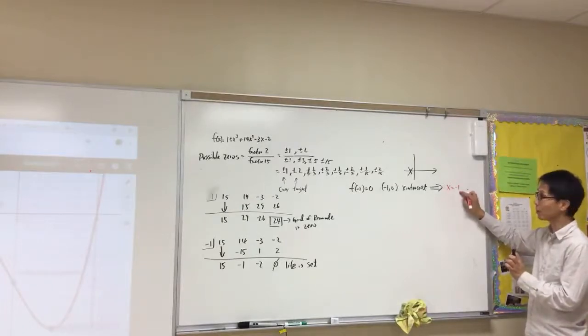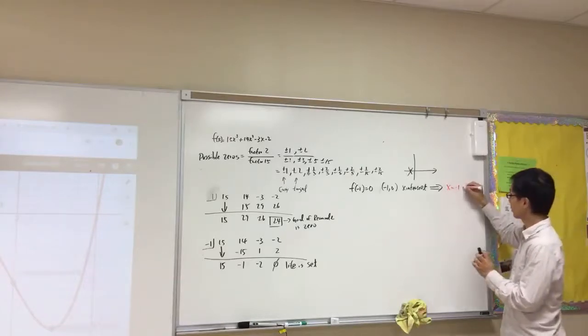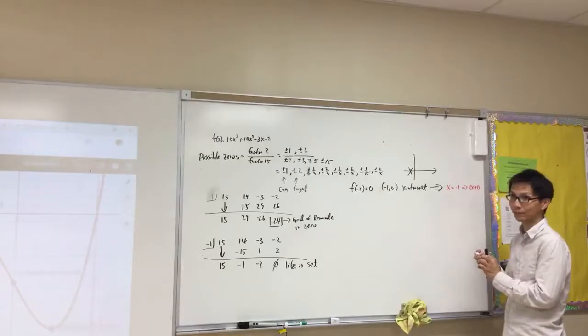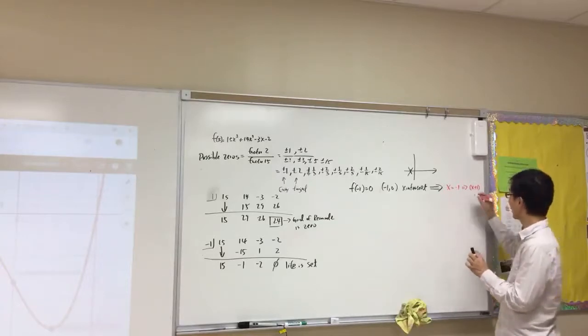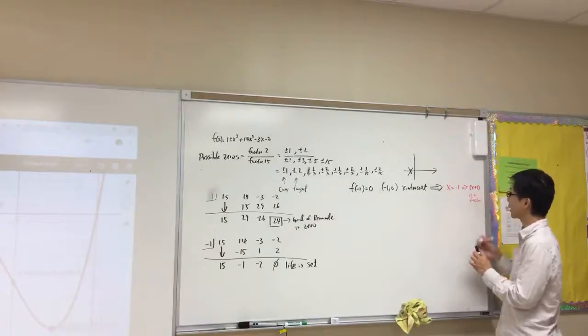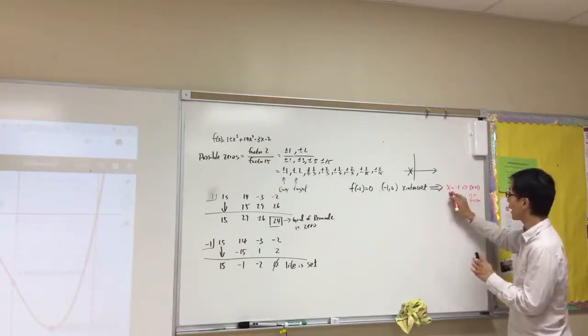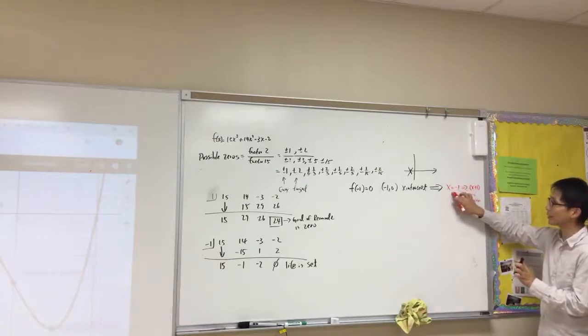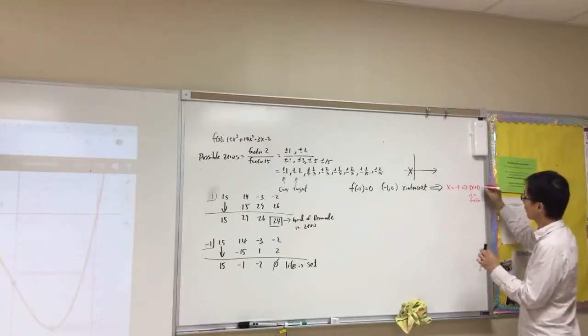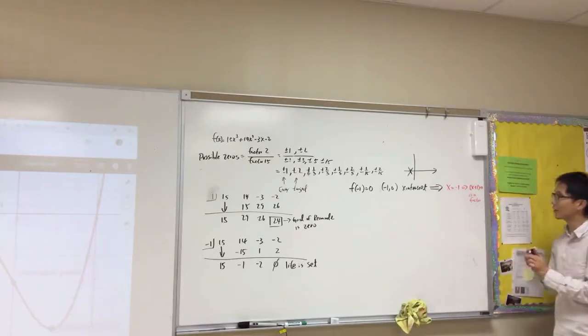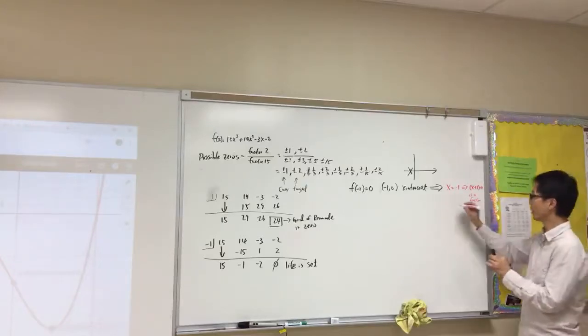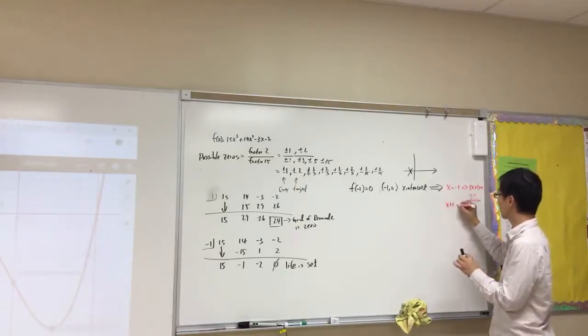You move the -1 to the other side, that means x plus 1 is a factor. I write in red, that's very important. X equal to -1. If I move that -1 to the other side, this becomes x plus 1 is equal to 0. Then x plus 1 is a factor.